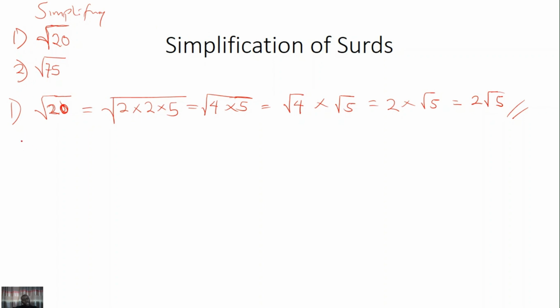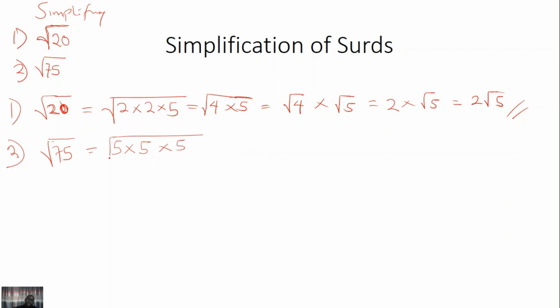Let's do the second example for us to understand better. Root 75. Like 20, the way we simplify 20, what you first need to do is to look at the product of 75. If you look at the product of 75, that will be equal to 5 times 5, which is 25, times 5.